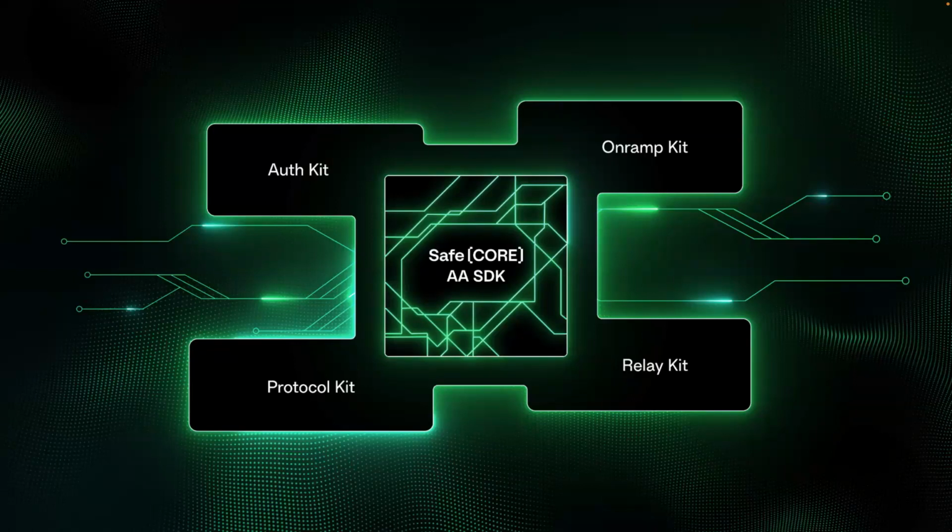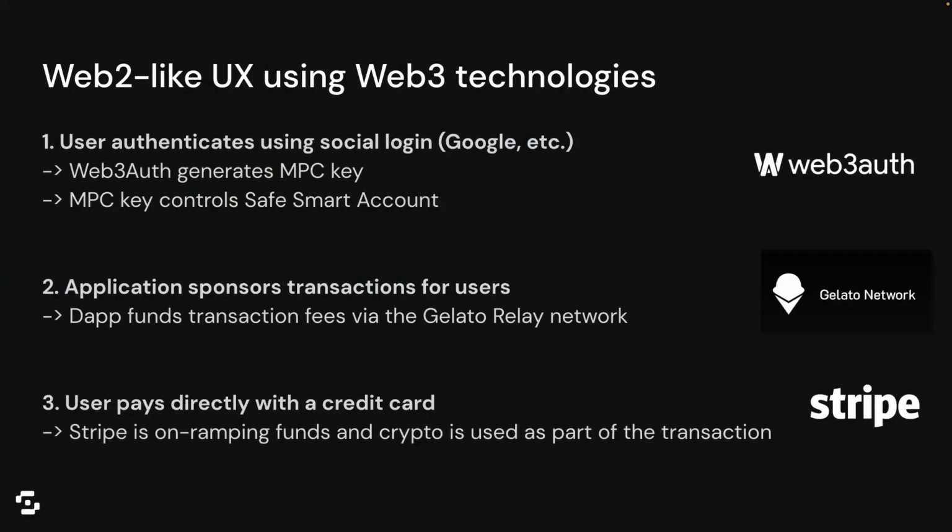I was mentioning a little bit earlier about making the user experience more Web2 style, a little bit more friendly, so that users really enjoy using the product. You can think about these different kits as enabling this. For example, in the auth kit, we're using Web3Auth to onboard via social login.